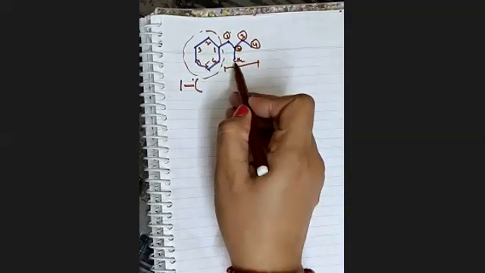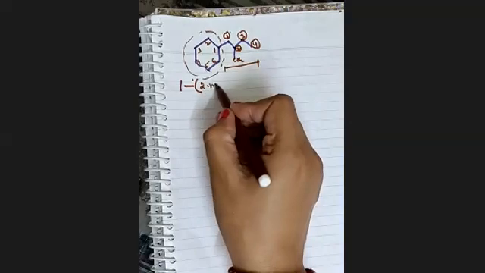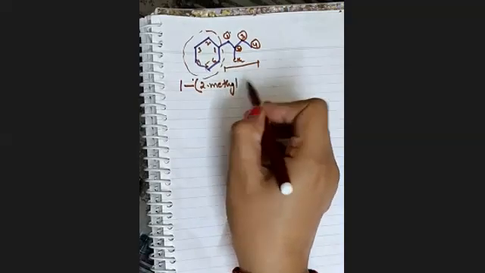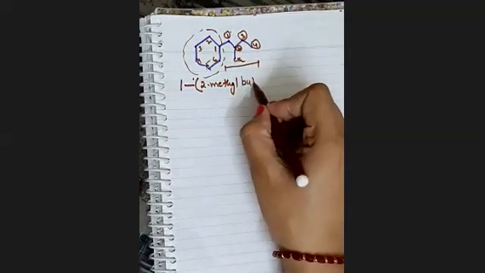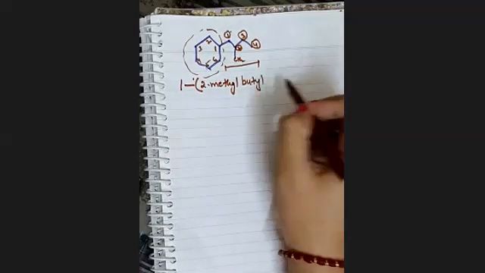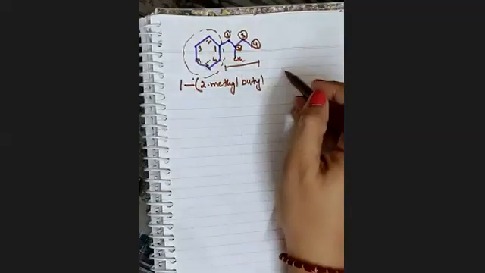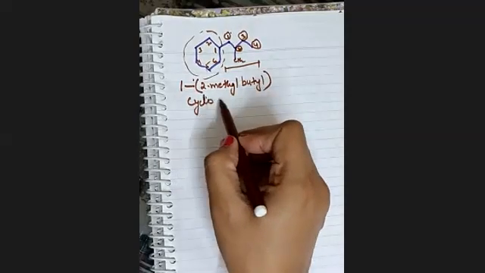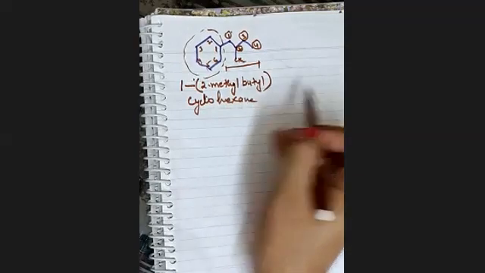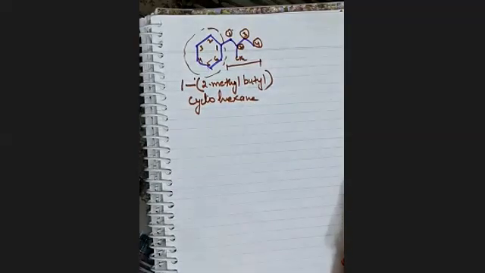On the second carbon, your methyl group is attached: 2-methyl. 1, 2, 3, 4 carbons are here in the chain: butyl. Entirely done with the substituent. Just close the bracket, and cyclohexane. Clear? Okay. This is cyclohexane.